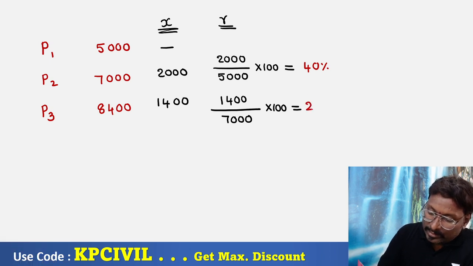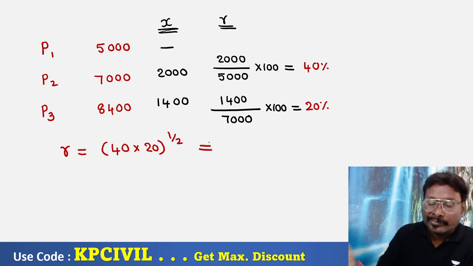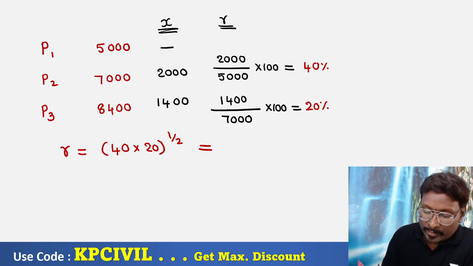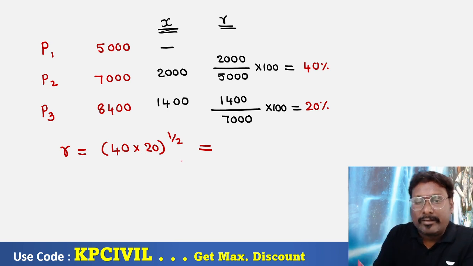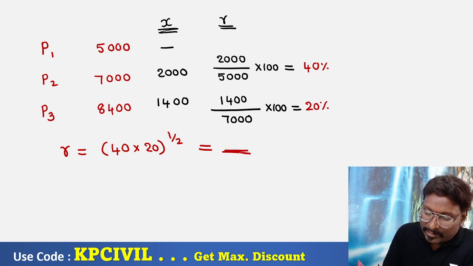Now R is equal to (40 into 20) whole power 1 by 2, that is R1 into R2 whole power 1 by 2, because two R values are there. R1 is 40, R2 is 20. Please calculate the value of 40 into 20 whole power 1 by 2.